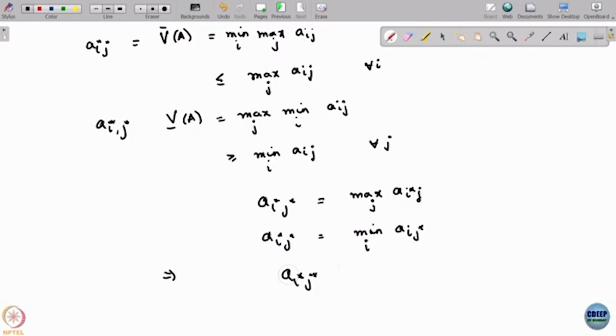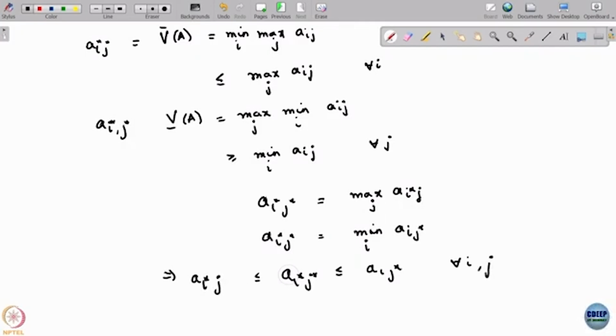So therefore, this is less than or equal to a_{ij*} for all i and also greater than or equal to a_{i*j} for all j.